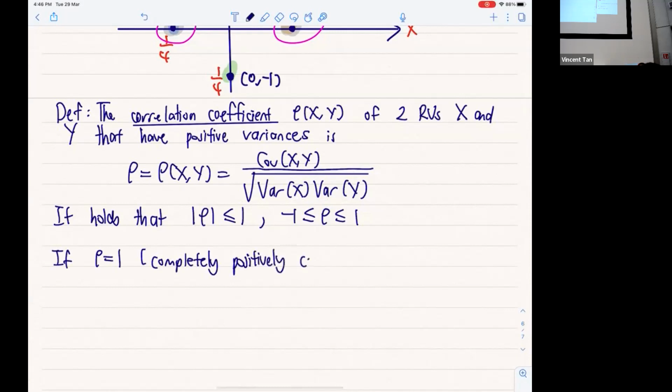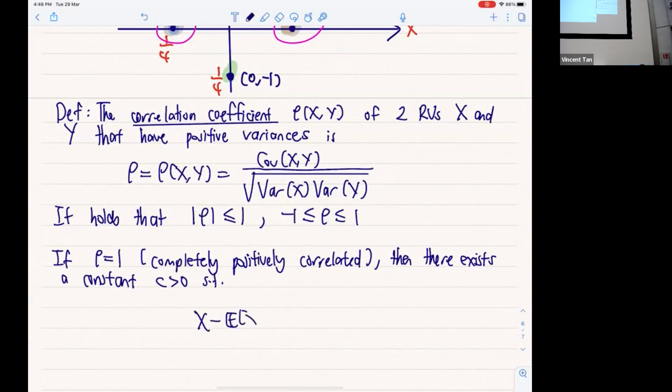Then there exists, this is a math thing, a constant C bigger than 0 such that x minus expectation value of x equals C times y minus expectation value of y. So they are completely positively correlated.